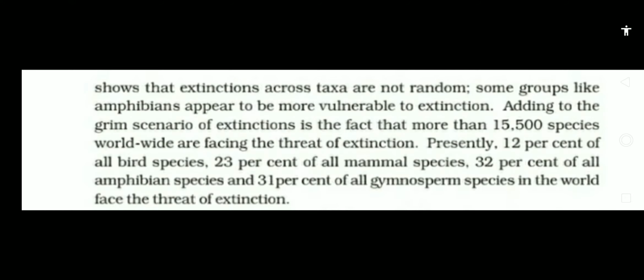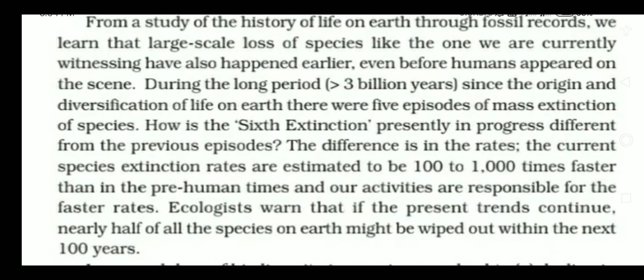Now we have to understand the major events of large scale extinction of species. From the study of the history of life on earth, from the fossil record, we learn that large scale loss of species occurred.